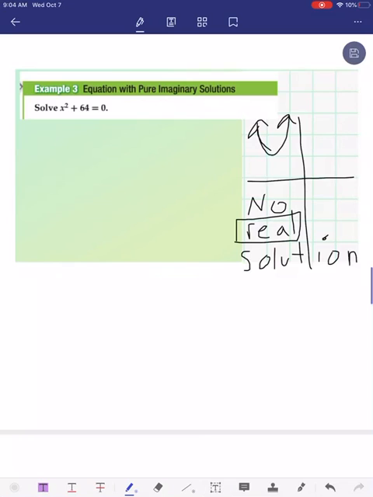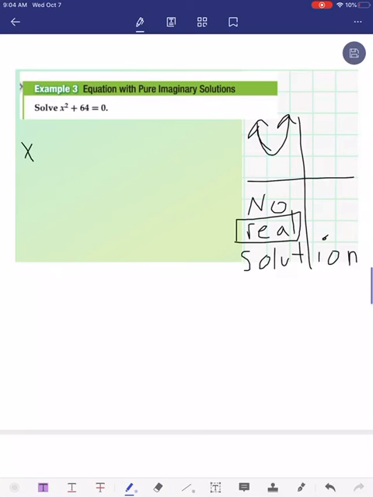So if we notice, we have x squared plus 64 equals 0. Remember that we just went over factoring, so we want to check and see if it factors first. Well, I have a binomial, but we do have a difference of squares formula, but notice that my operation is addition, so we can't use our difference of squares formula.